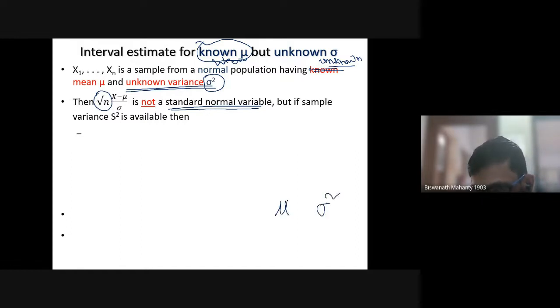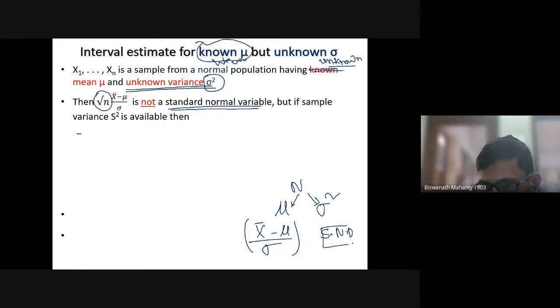If we know that there is a normal distribution having mu value and variance sigma square value, and then I make x bar minus mu by sigma, that time I told this is also known as standard normal distribution. But the logic is that if we know sigma square it works, but if you don't know, then x bar minus mu by sigma you cannot deal with.